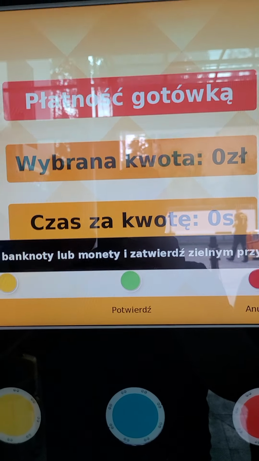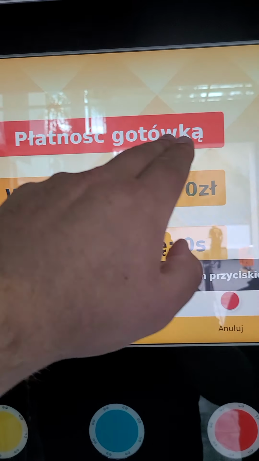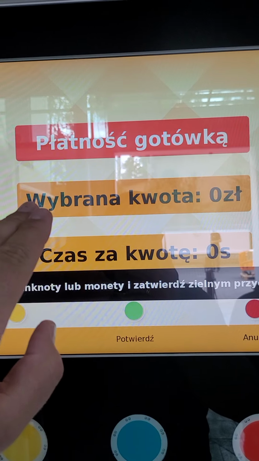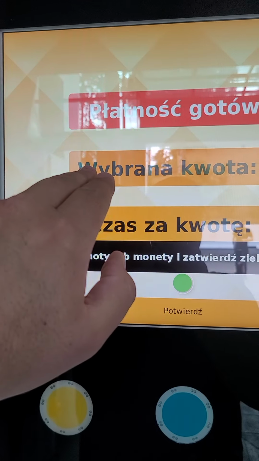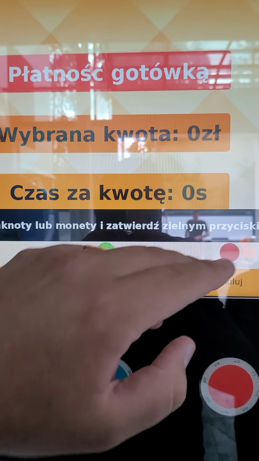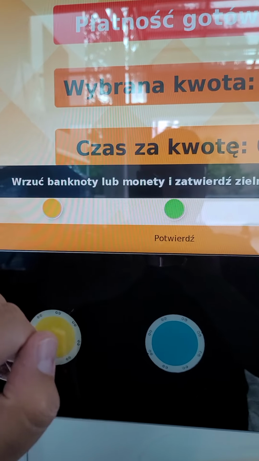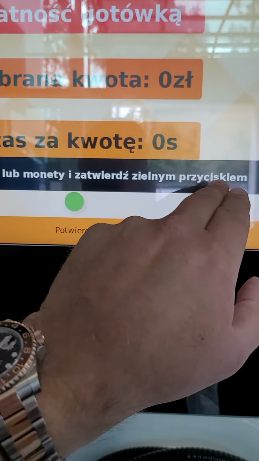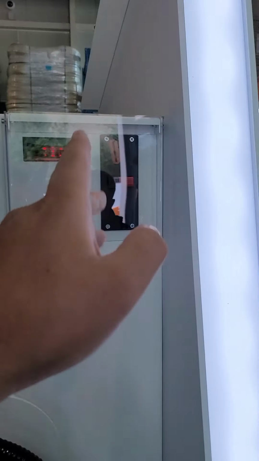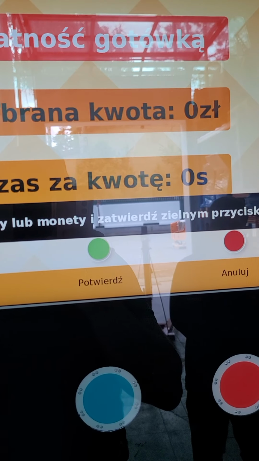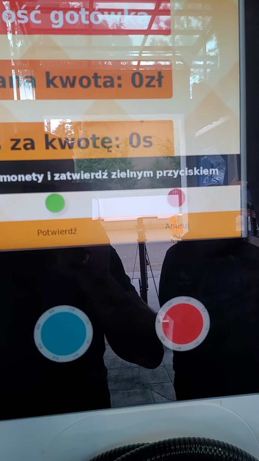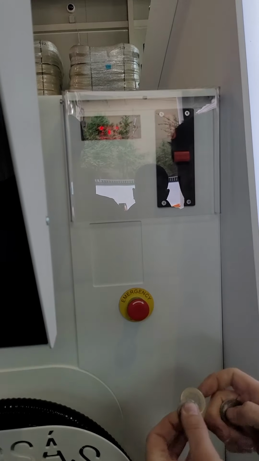Now you see that it says cash payment, and you see the amount of money. Now it's zero, obviously, and the time you purchased. Here it says you could insert a banknote, or you could insert a coin. Let's put some coins in it.